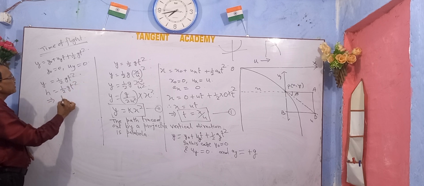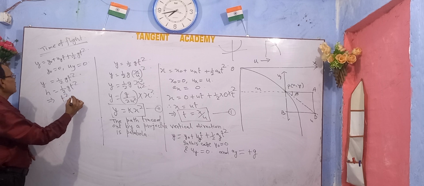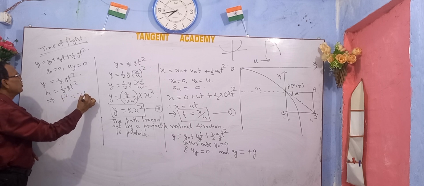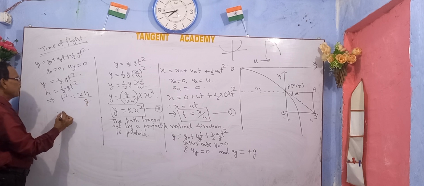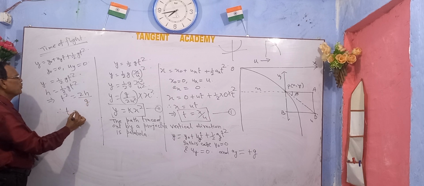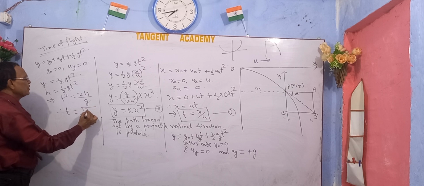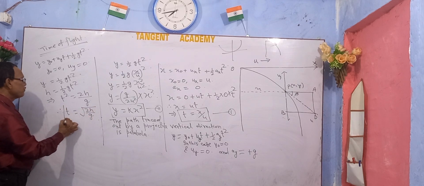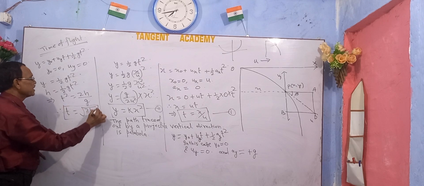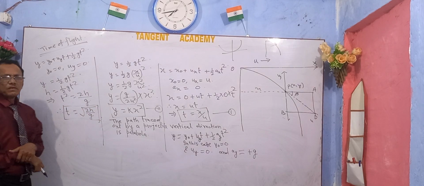As you know that t square will give you 2h by g. Therefore, taking positive value, this will give you under root 2h by g. This will be time of flight. This relation gives you time of flight.